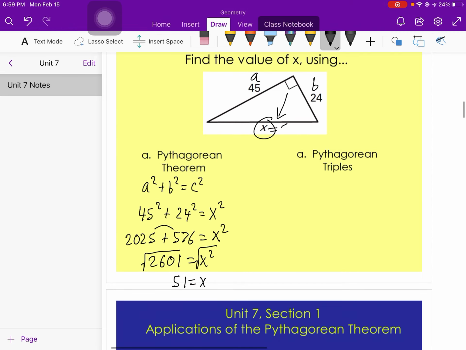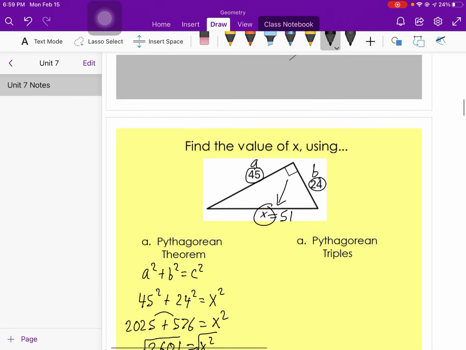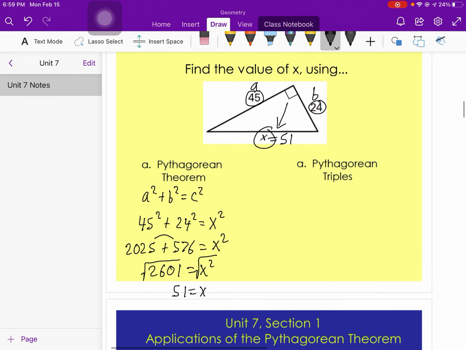Now the fact that I got all nice numbers, 24, 45, and 51, guarantees that this is actually a Pythagorean triple. So if you look at the other two here, if you looked at just 45 and 24, and you thought about one of these groupings up here, 45 and 24 are both multiples of 3. And it would be 3 times 15 and 3 times 8.